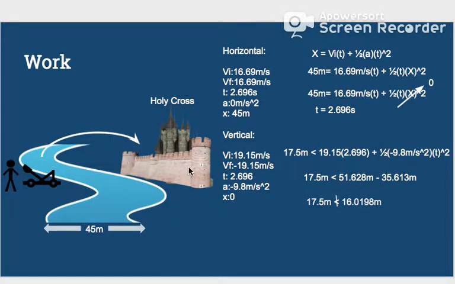So now to figure out if our rock will cross the wall. Using displacement, x is equal to initial velocity times time plus 1/2 acceleration times time squared.